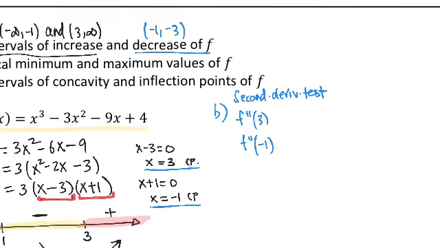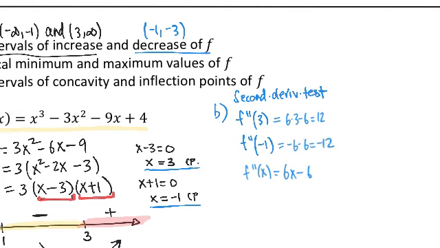We need f double prime of x first, so we take one more derivative and we get 6x minus 6. Now f double prime of 3 is 6 times 3 minus 6, or 12, and f double prime of negative 1 is negative 6 minus 6, which is negative 12.